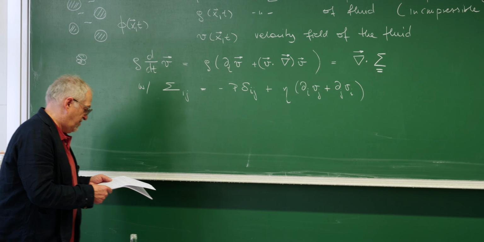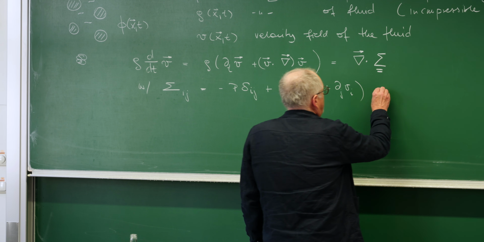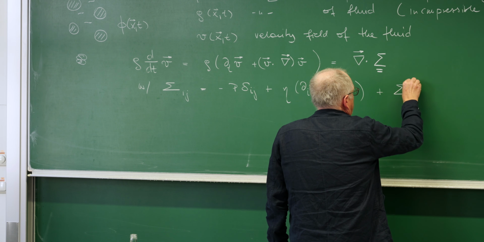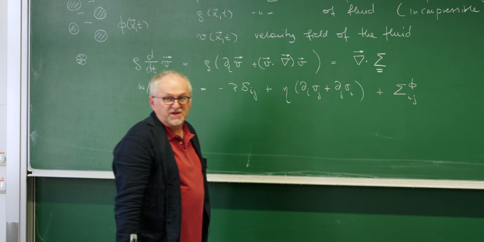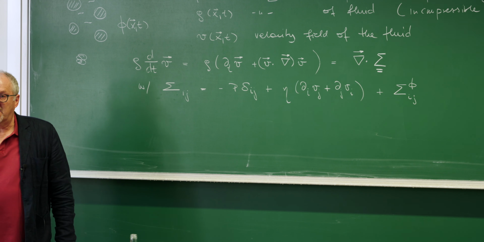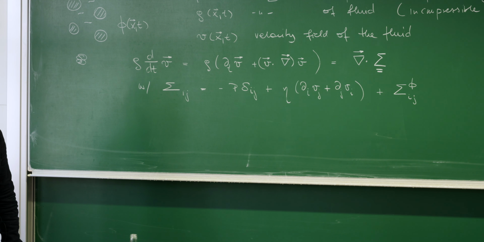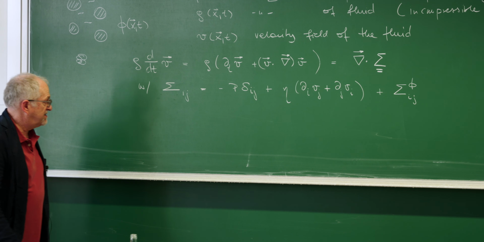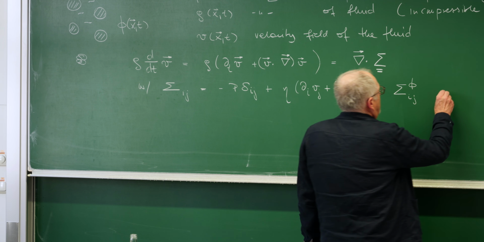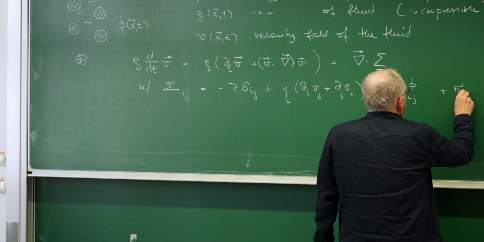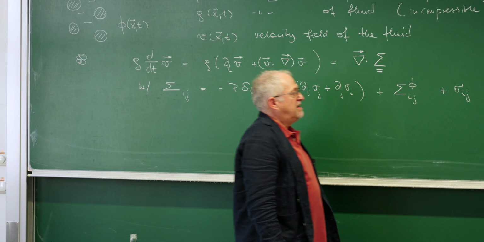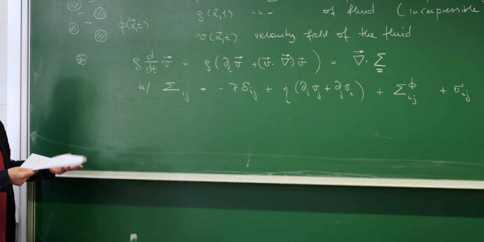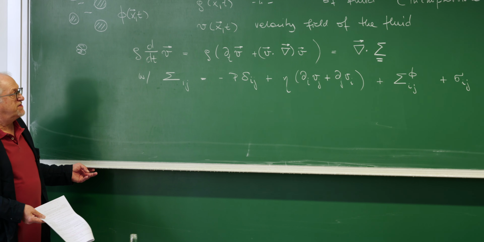Here's the hydrostatic term. And then you need to add the fact that the particles that you suspend in the fluid, they are acting on the fluid. Okay? And we will determine that part of the stress tensor later. And then, of course, you also have the sigma ij's, but they are the same. These noise terms are the same as before, because to linear order, nothing will change here in the noise terms.